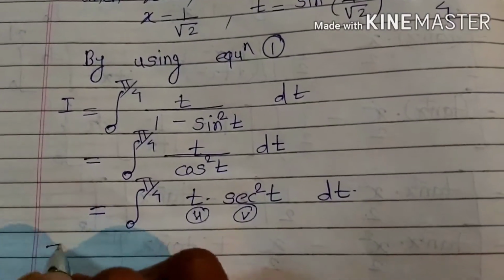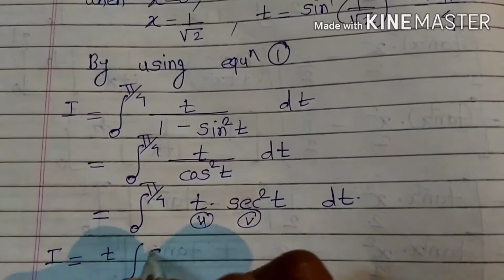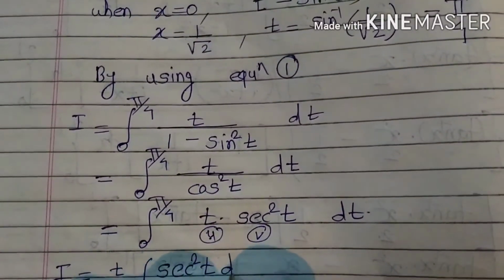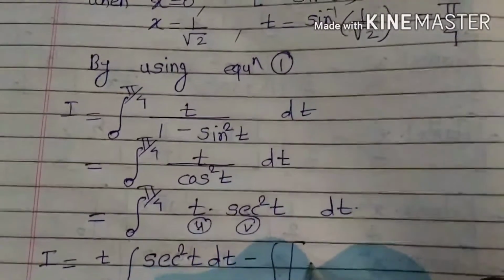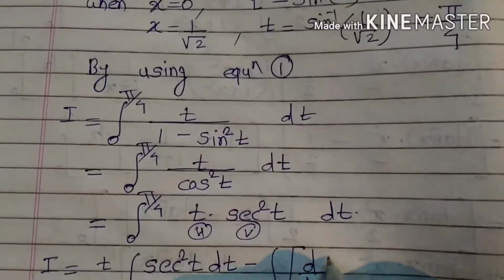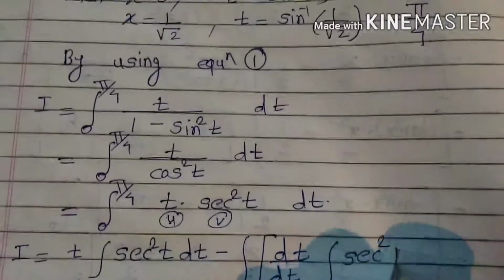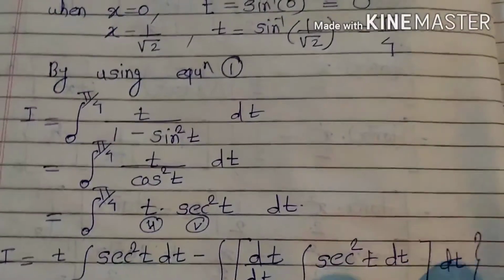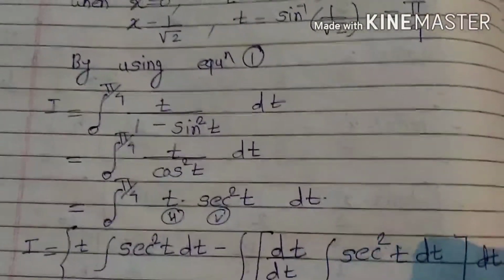So here I is equal to t integration of sec square t dt minus integration of derivative of t times integration of sec square t dt, over limit 0 to pi by 4.